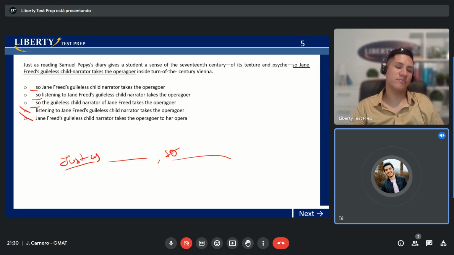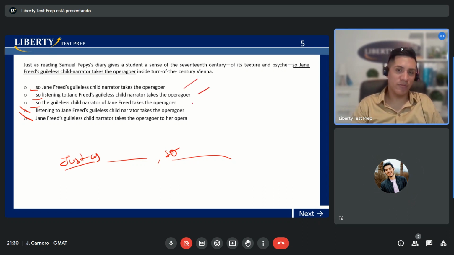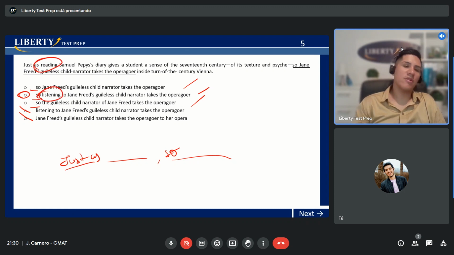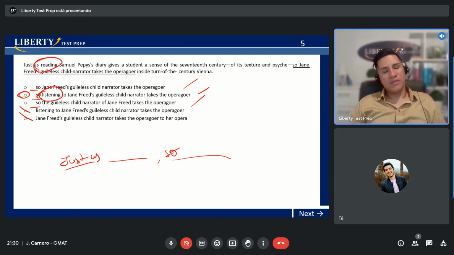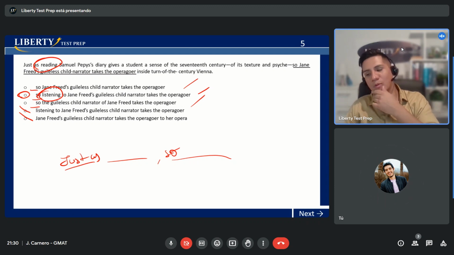Probably letter B, right? All three are fine though, because they have clauses, and those clauses make sense. But letter B is the most parallel, because they're starting with the same subject. We don't care about that too much, really. But if we have three that are correct, of course, we're going to prefer the one that is the most parallel. You see? Okay.